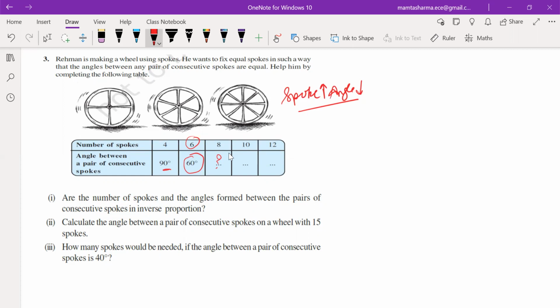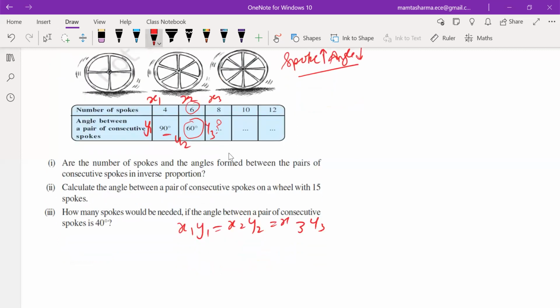So what will you do? Let's say this is x1, y1, x2, y2, x3, y3. They are in inverse relation, so we use x1 y1 equal to x2 y2 equal to x3 y3. This multiplication will be constant.